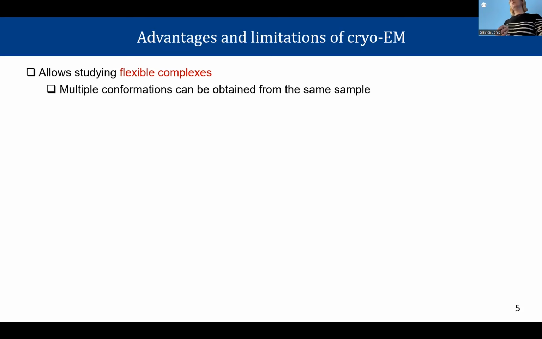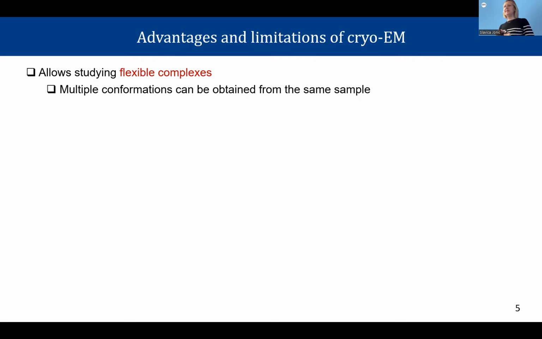But 15 years ago, this conformational heterogeneity was presented as a problem and a limitation to high resolution reconstruction, because people were aiming at getting one conformation at very high resolution. How we define the resolution, we will not enter into this topic.